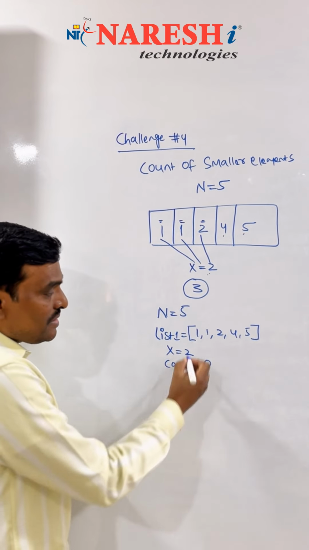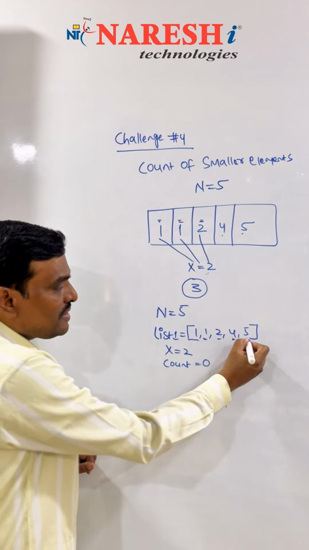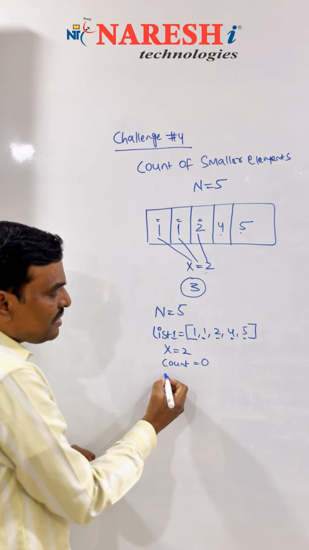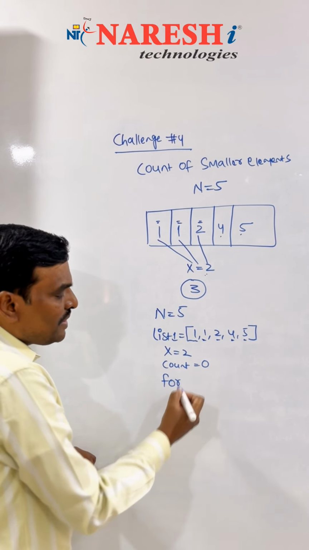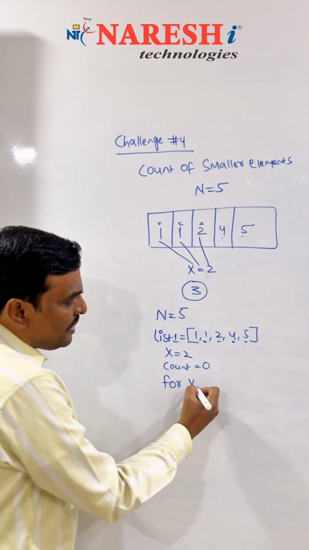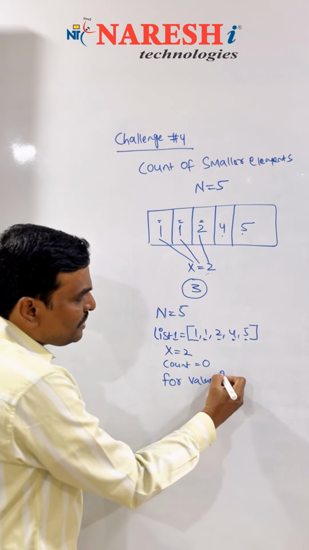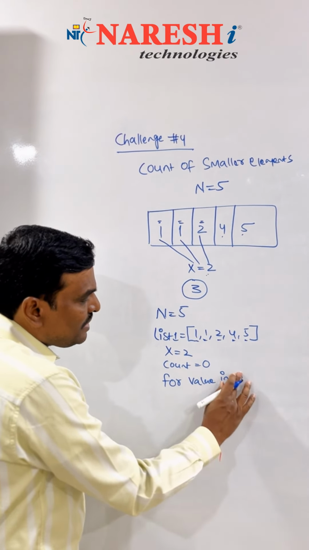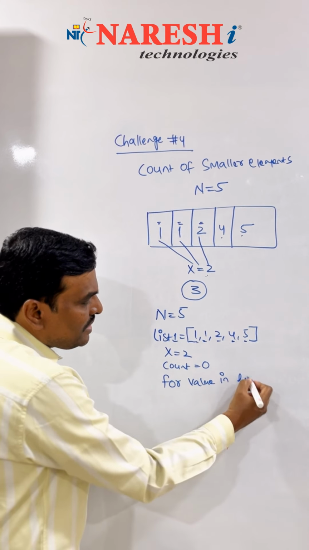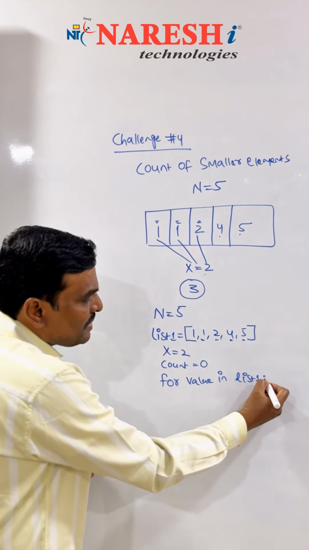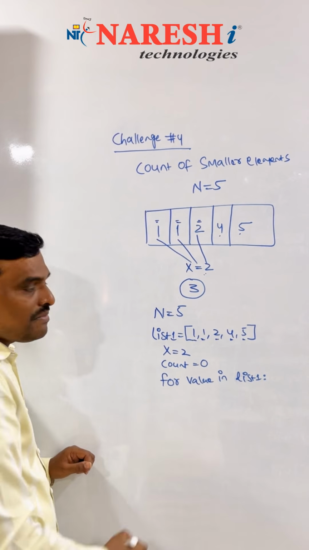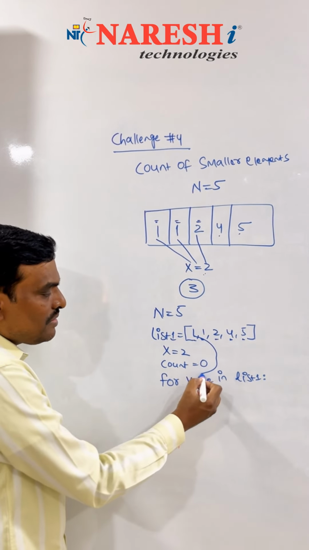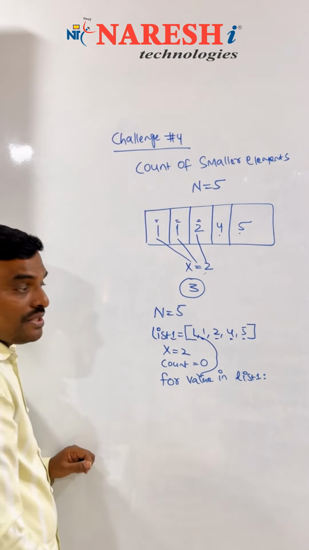Then every time you read one value from the list. And how do you read the values from the list? By using for. So for value in list1. Means each time you are reading one value from list1. So what is the first value in list1? 1.